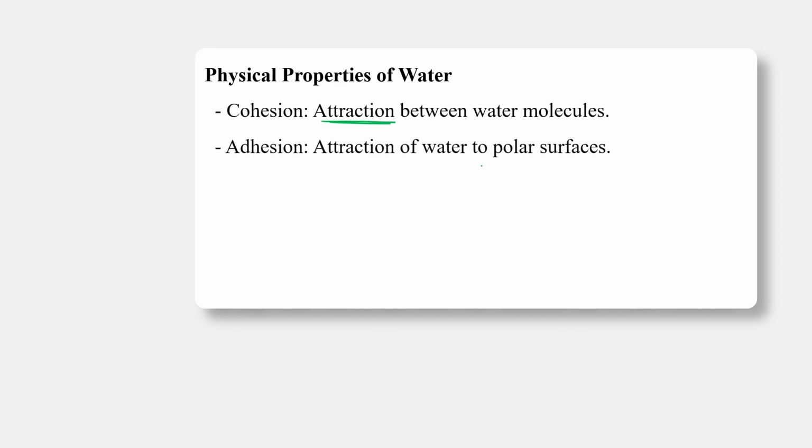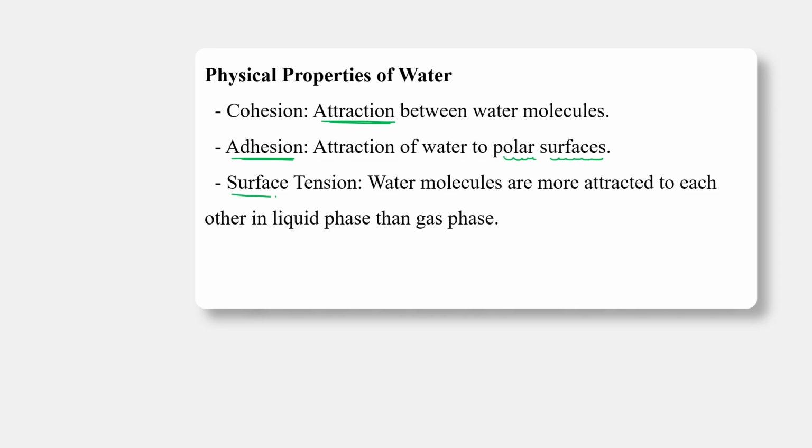Now, physical properties of water. Water molecules have a kind of attraction with each other, which is known as cohesiveness of water. What is adhesion? Adhesion means attraction of water to polar surfaces. And third is surface tension.